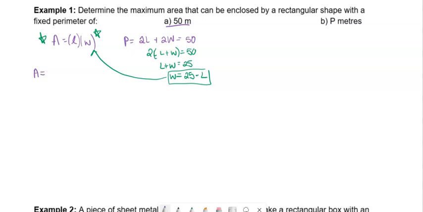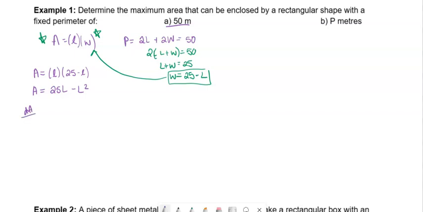Now I can write area as a function of length times 25 minus the length. And I can solve this so that I have 25L minus L squared. Now that I have only one variable over here, it's much easier to take the derivative.